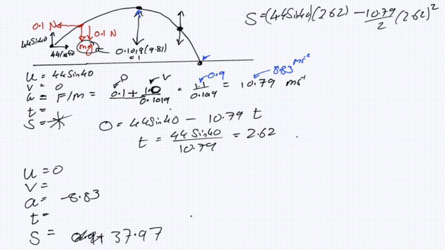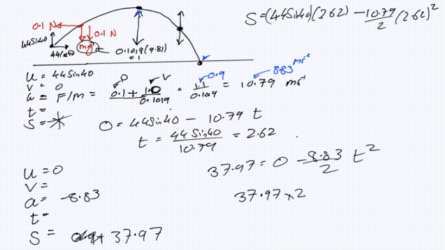Okay, so we're still looking for the time. We'll have to go with S equals U, which is 0, T plus a half A T squared. So it will be 37.97 times 2 over 8.83, and then square root.